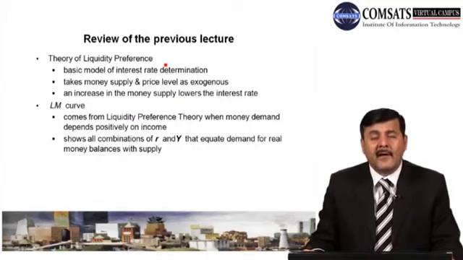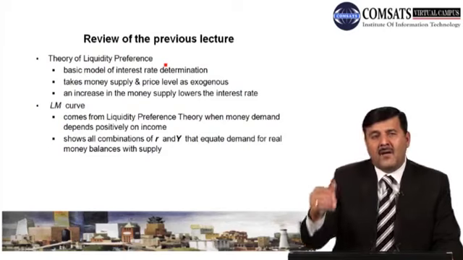As I said, we assume that the money supply and prices are exogenous, given, so the money supply curve is vertical. Where these two forces interact with each other, that determines the equilibrium in the money market.